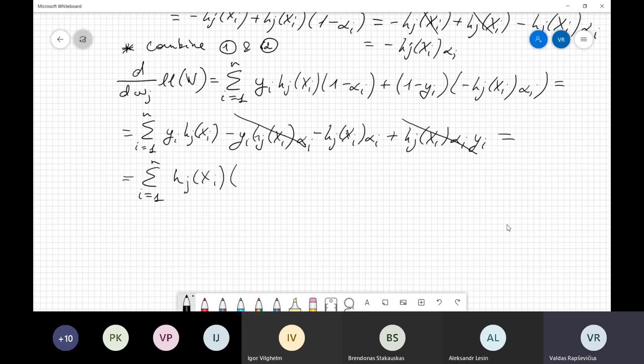We're taking out the feature, and this is yi minus alpha i. Yep, that's it. So this is the logistic regression gradient.